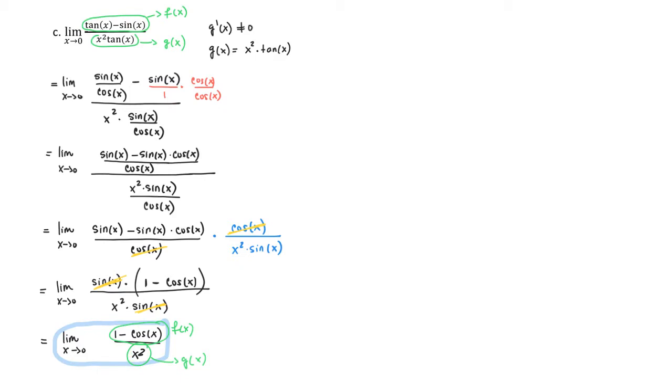My denominator here is x squared. The derivative of x squared is 2x. I know that 2x is non-zero to the left of 0 and to the right of 0. So it's non-zero around 0. That satisfies the second condition. That means that I can go ahead now and see what happens.